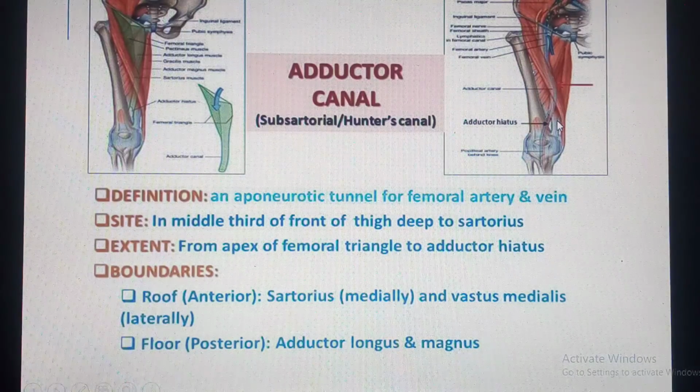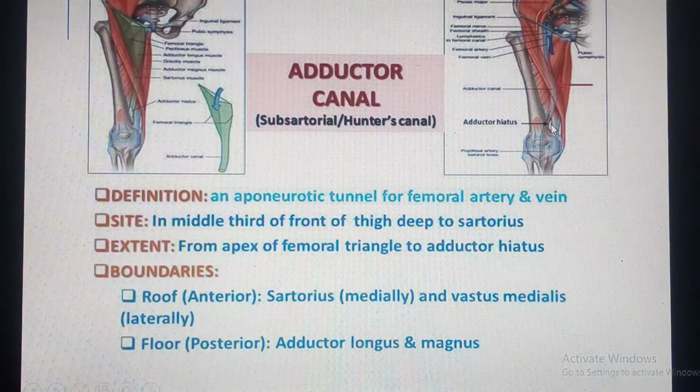This area will be the adductor hiatus, the opening over the hiatus. Now there's a space, a channel, right from where the apex of the femoral triangle ended all the way to this area. We call it the adductor canal. This adductor canal is also a conical tunnel which we find in the thigh.